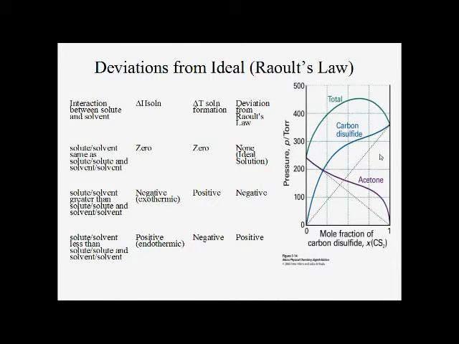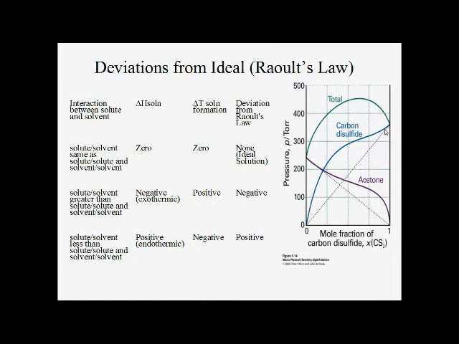Raoult's law for the individual components is a better approximation. So for carbon disulfide with a small amount of acetone in it, they start off moving in the same sign, and for a short area they are close to each other. But then as the concentration increases, the gap between the predicted and the actual is getting wider.